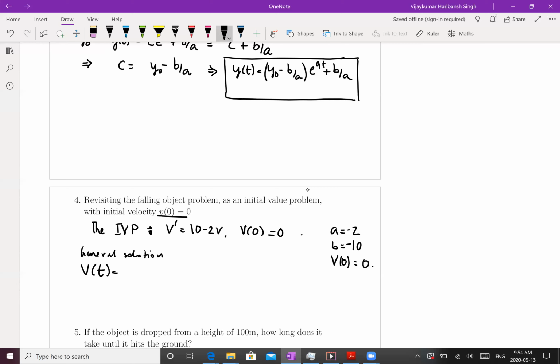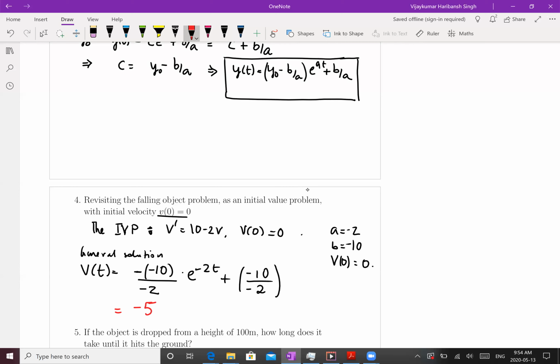So minus b/a, where b is -10 and a is -2, times e^(-2t), plus b/a, which is -10 divided by -2. Minus 10 by minus 2 is 5.